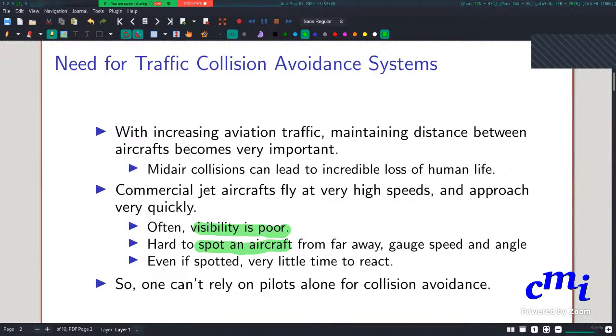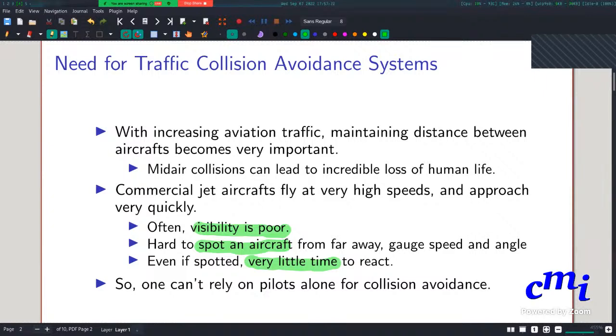And since the speeds are so high, even if you spot it, you will have maybe only 10-20 seconds to react. You can imagine it takes a lot of planning and careful effort to move these aircraft away from each other in a safe way. So we really can't rely on pilots alone for collision avoidance.